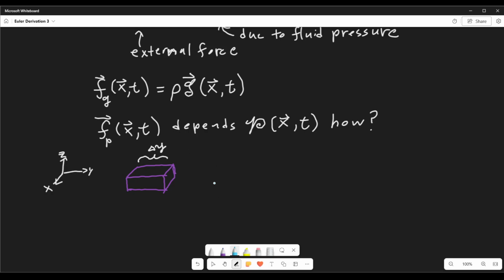And on either side of the box there's a force due to pressure. So it's basically pressure pushing in on this side, and there's also pressure pushing in on that side.